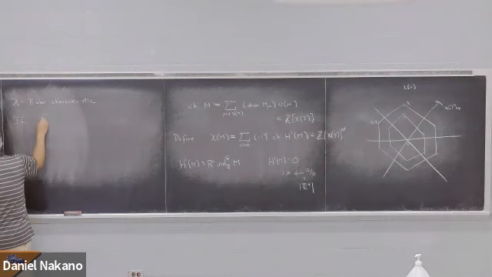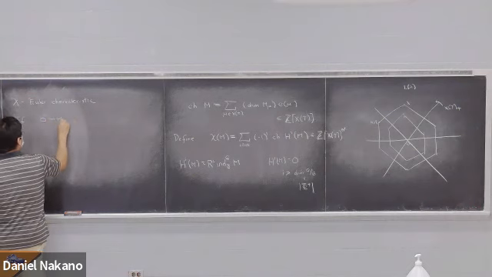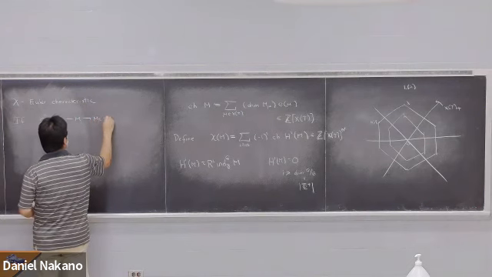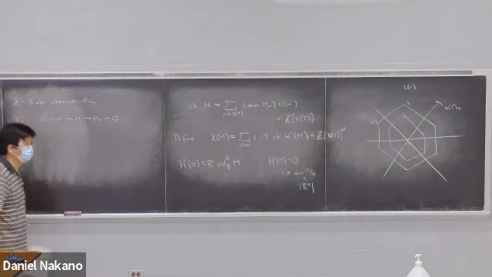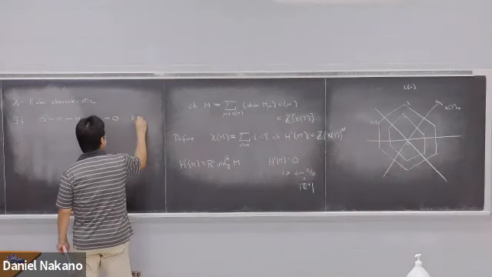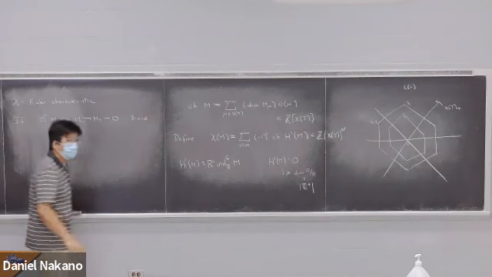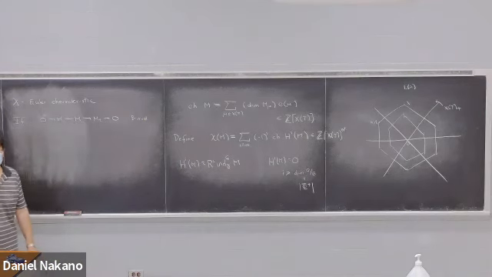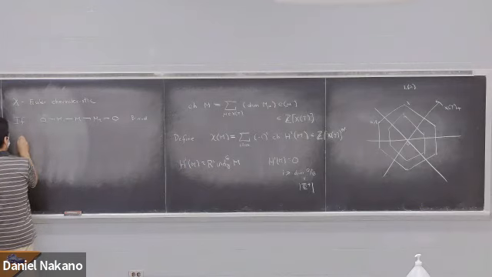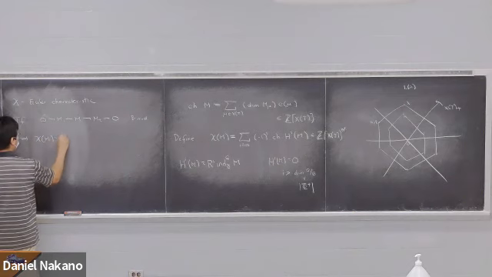So if we have a short exact sequence of modules, then Euler characteristic is additive on short exact sequences.